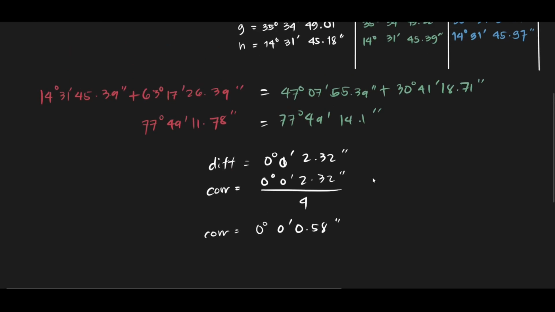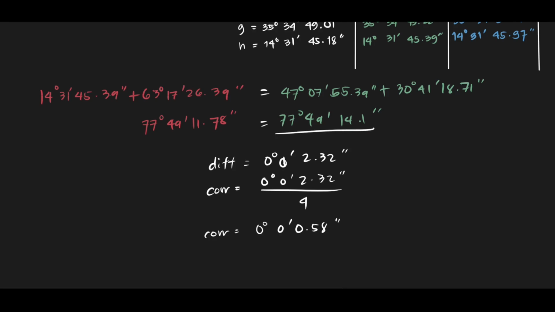Okay, so how are we going to apply this correction? We must take a look at the left hand side and the right hand side of our equation right here. So 77 degrees, 49 minutes, 11.78, and 77 degrees, 49 minutes, and 14.1 seconds. So the right hand side here is greater, right?